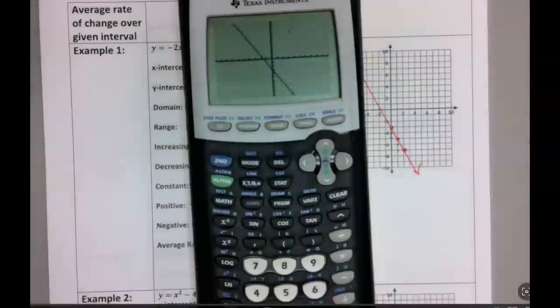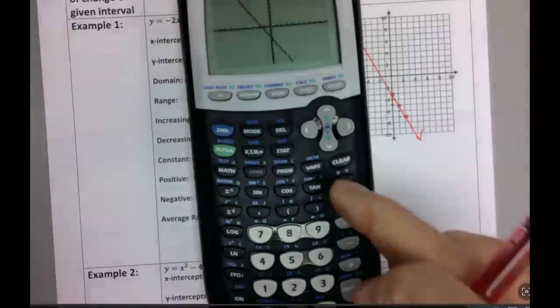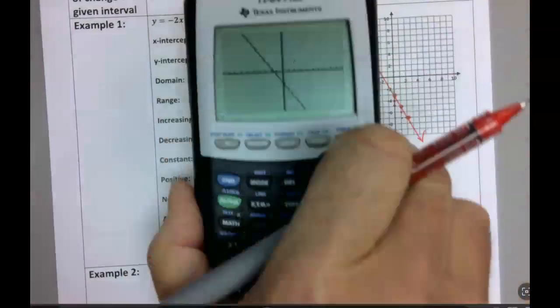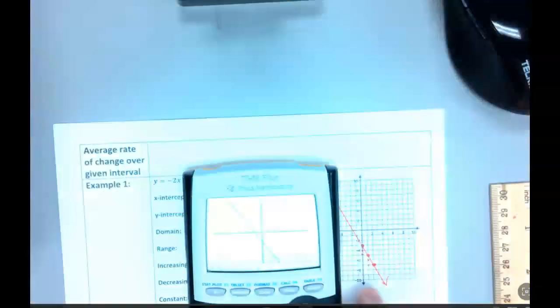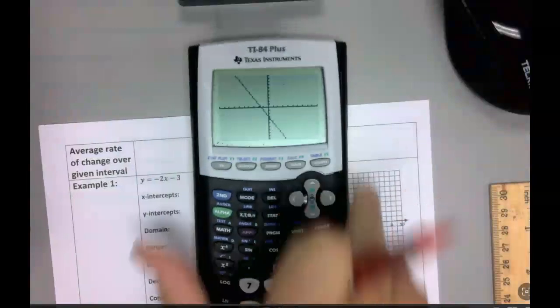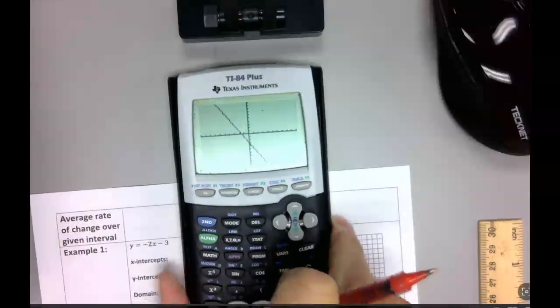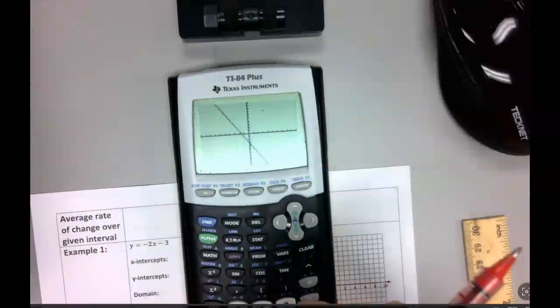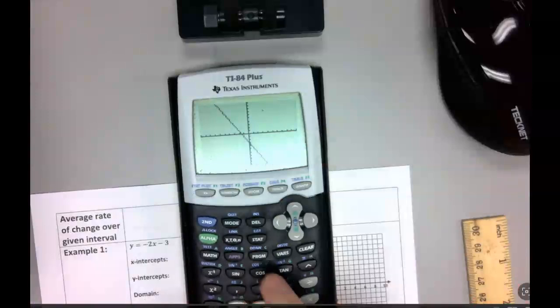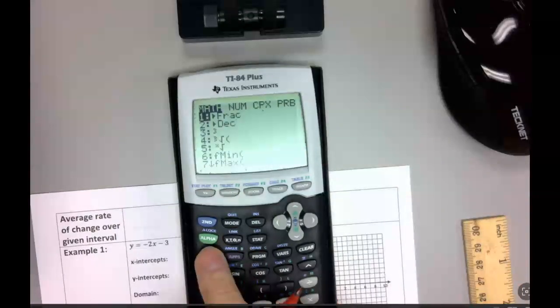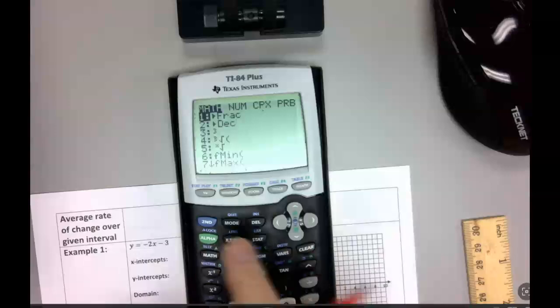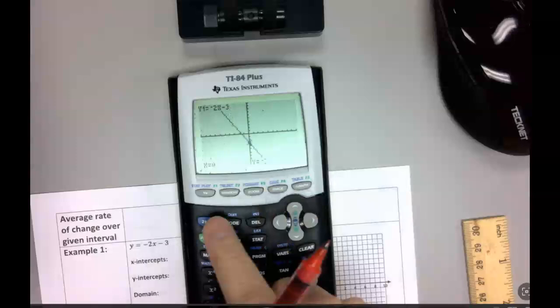All right, so if you wanted to find the x-intercept on your graphing calculator, it's where y equals 0. So what you do is you go to trace, and hit the blue key.